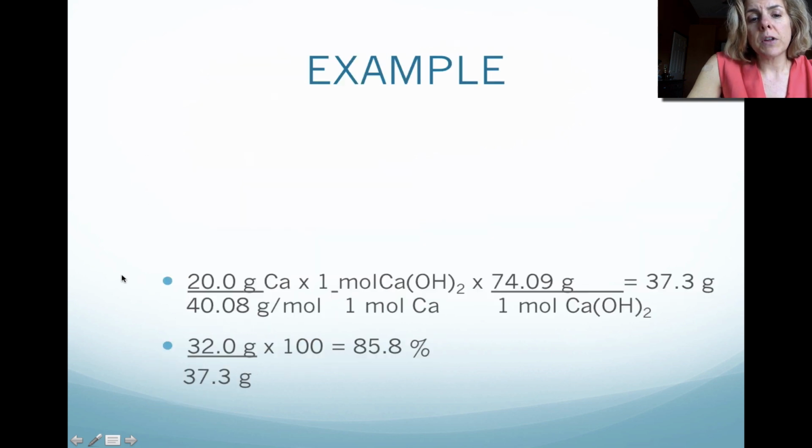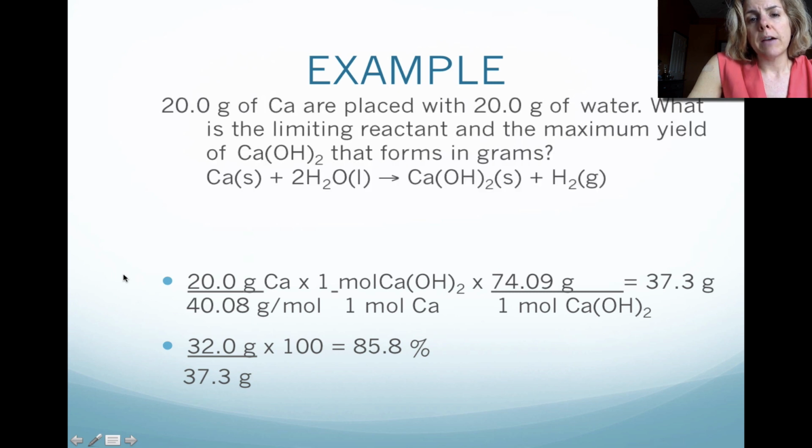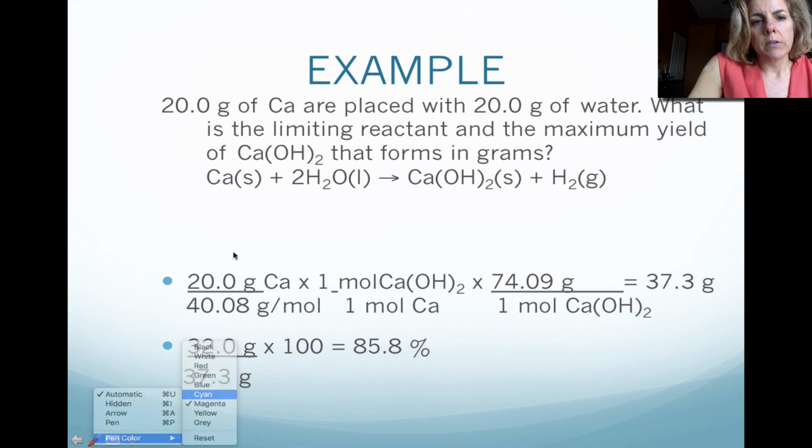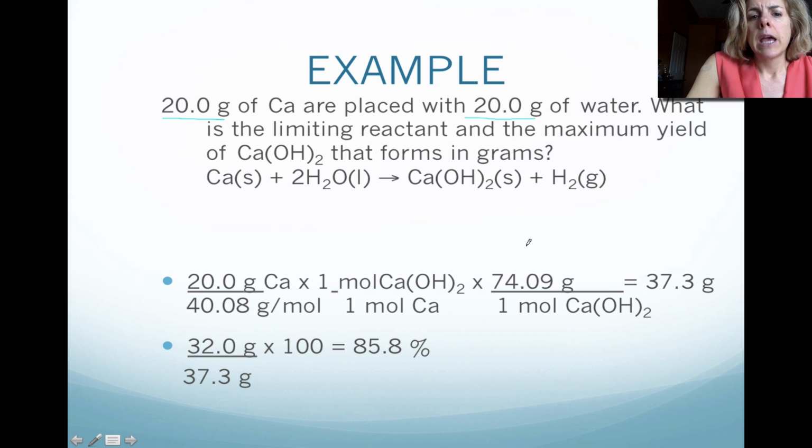Okay, so here's another example of a percent yield. So we have a reaction where we have 20 grams of calcium and 20 grams of water. So once again, we need to figure out the limiting reactant. So these are equal amounts. And remember, that's based on mole ratio. So whichever one produces the least amount of moles is going to tell you which one's the limiting reactant.